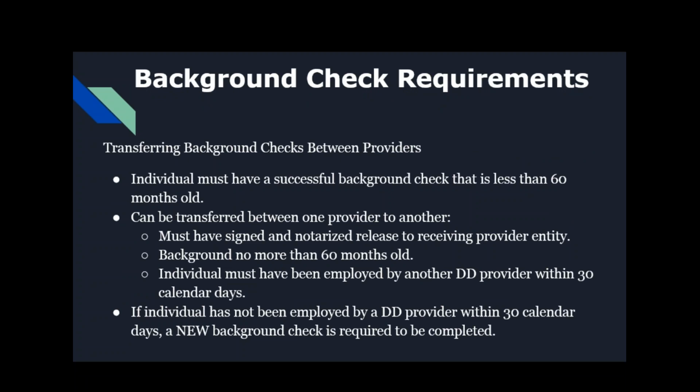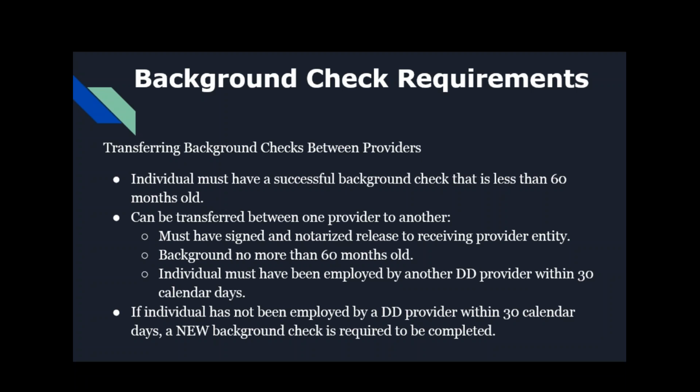Finally, last of this section and Module 3, background check requirements, transferring background checks between providers. Individuals must have a successful background check that is no less than 60 months old, which is the equivalent of 5 years. It can be transferred from one provider to another, but there must be a signed and notarized release to the receiving provider entity.